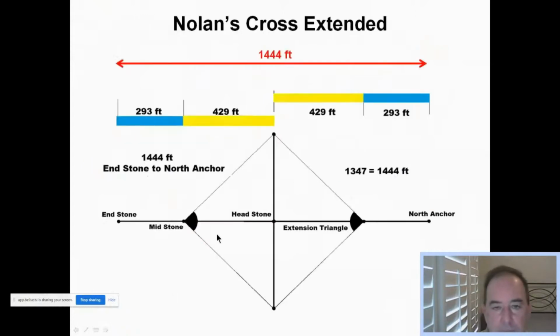And I'll show you. So this is the number here, 1347, 1444. This is the length of Nolan's cross when you take the end stone to the midstone to the headstone and double it and extend it out. The other thing I want to point out is this extension triangle, which is geometrically part of Nolan's cross.